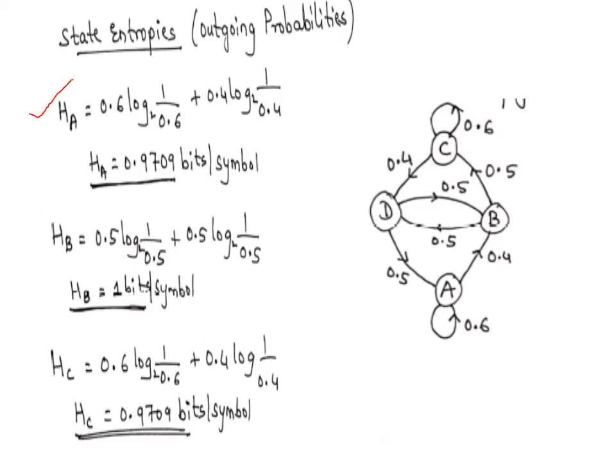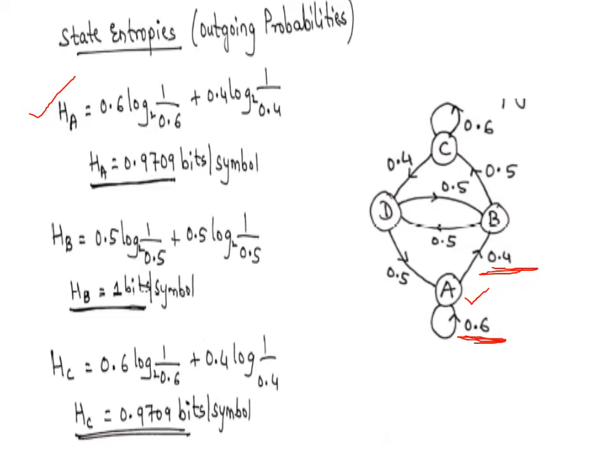So for H of A, to determine entropy at state A, consider only the outgoing probabilities from state A. So considering state A, the outgoing probabilities are 0.4 and one more outgoing probability is 0.6.